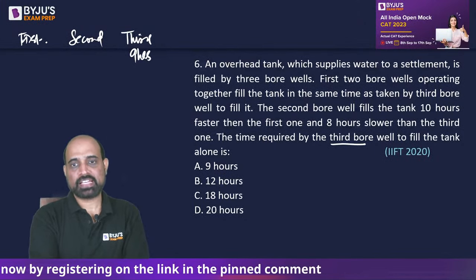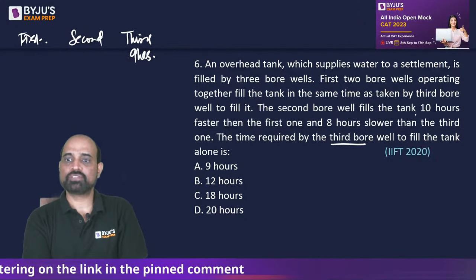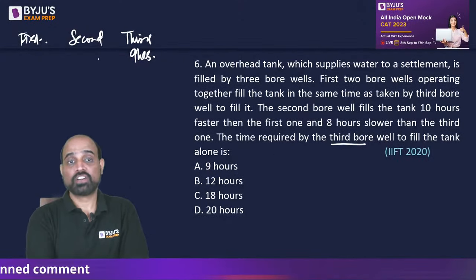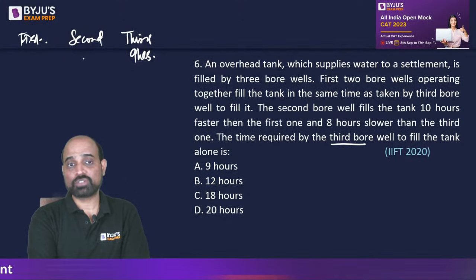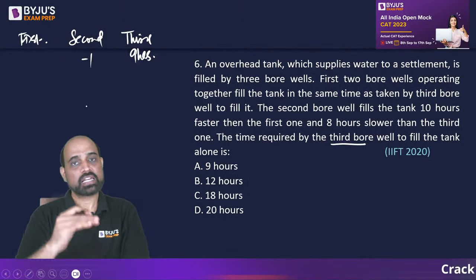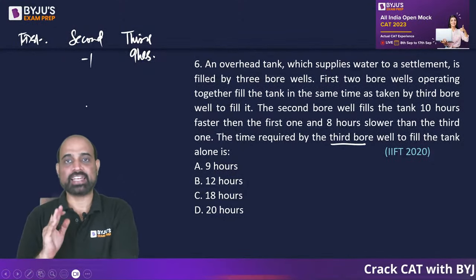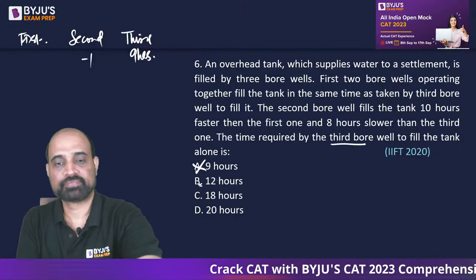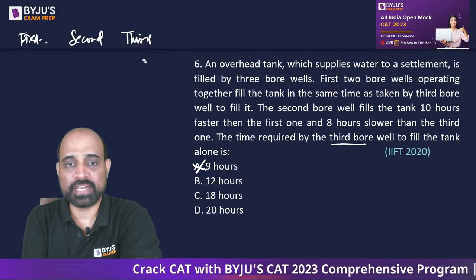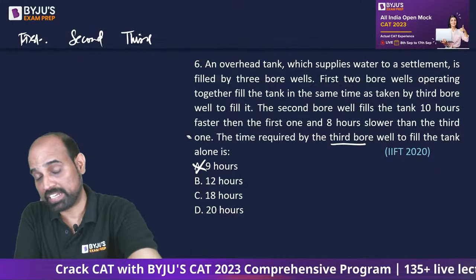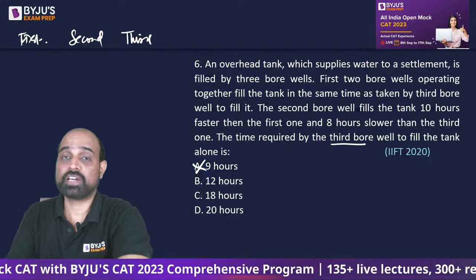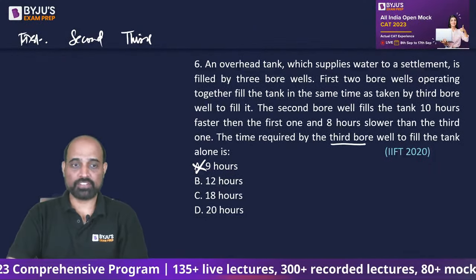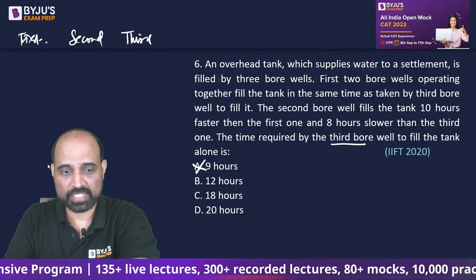If the third one takes 9 hours, the second bore well fills the tank 10 hours faster. 10 hours faster means this will become negative. See, the third one takes 9 hours, so it would be 10 hours less, right? So this doesn't make sense. It has to be a minimum of 10 for the third. Actually more than that, otherwise how can you subtract 10? Right? If the value is less than that.